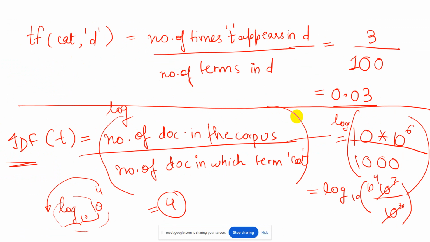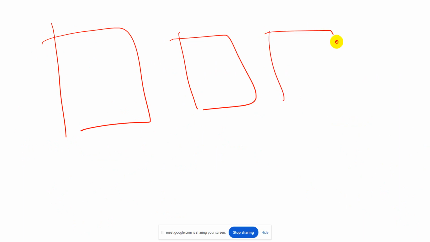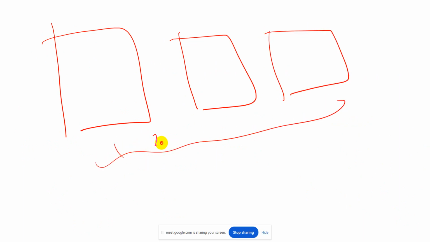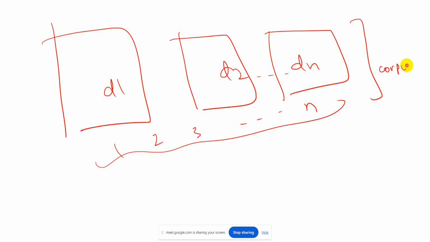A document is made up of multiple words, but the corpus is made up of multiple documents. So I can explain it this way. Suppose you have n documents, 1, 2, 3 up till n. This is D1, D2 and so on up till Dn. These form your entire corpus.